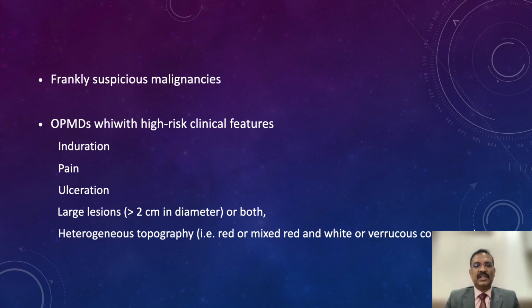There is no evidence for it, and neither is there evidence against it. So for low-risk conditions, a biopsy may be optional, whereas cytology or observation may be advised. In either case, all these patients need to be kept under follow-up. Why?